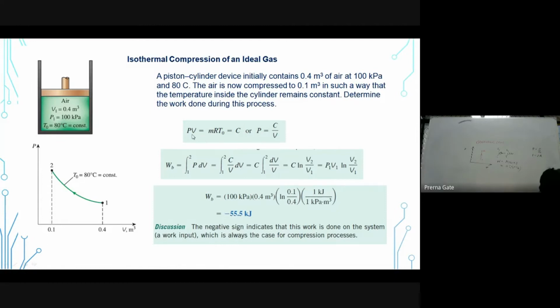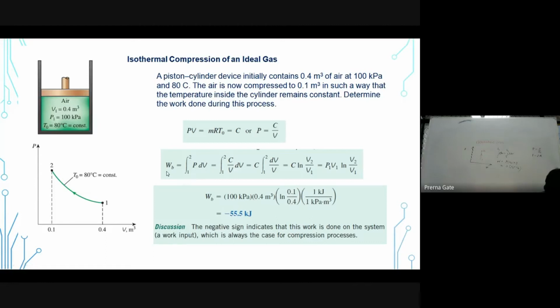The assumption is that the system is an ideal gas, so we can use the ideal gas equation, PV equals mRT, which is constant, and from this PV is equal to C. So P is nothing but C by V.